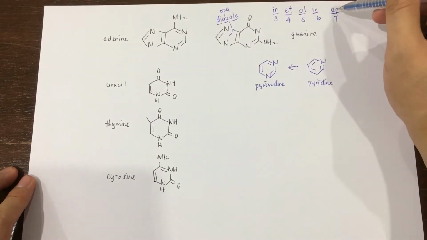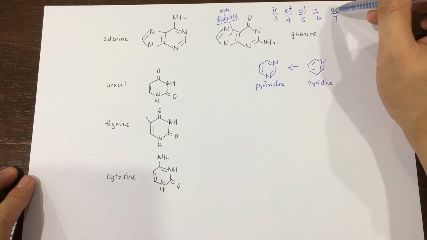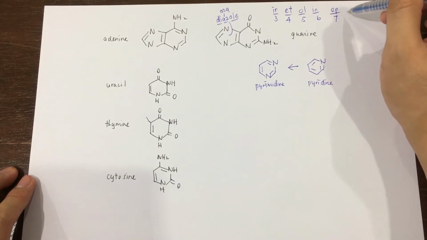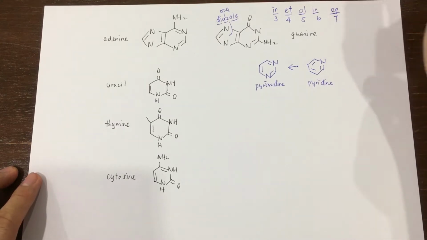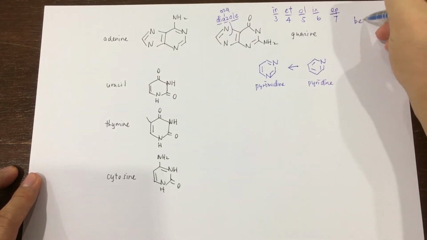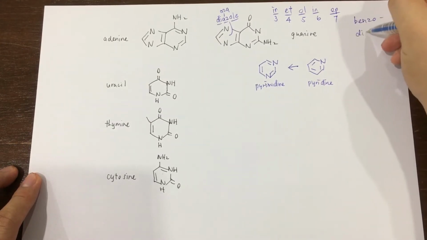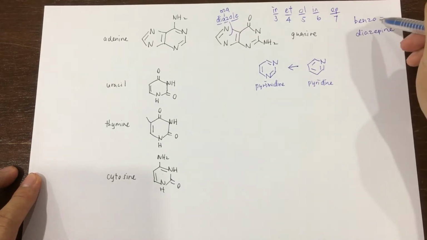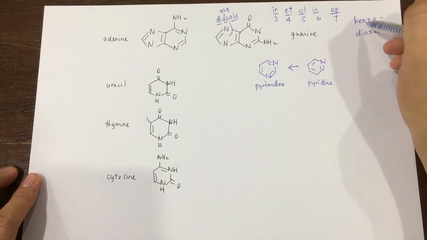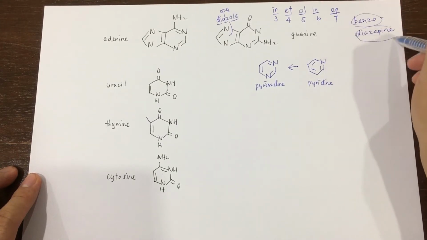And sometimes when you hear the term epine, for example benzodiazepine, just a quick thing, benzodiazepine means that there's two rings, the benzo and the diazepine, right?